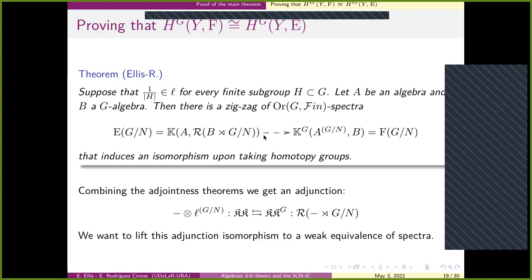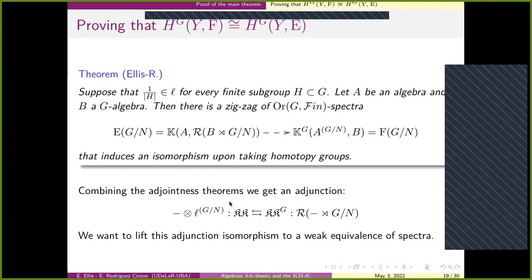So how do we prove this result? Well, if we take homotopy groups, here we get KK groups, here we get KKG groups, and we know that both groups are isomorphic because of the adjointness theorems that Eugenia mentioned some minutes ago.